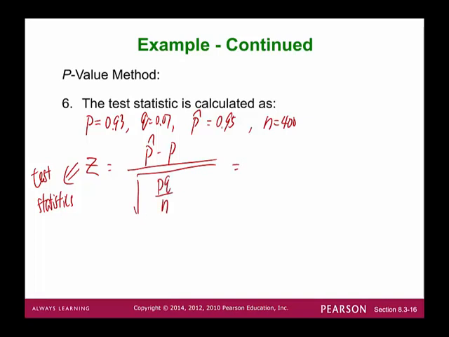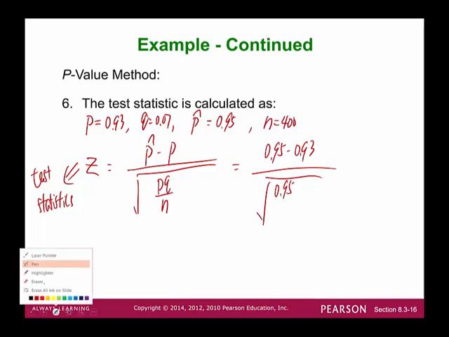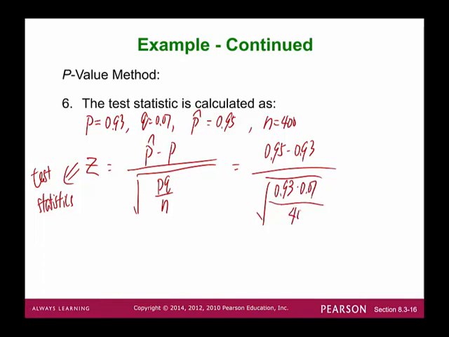And so again, we're plugging in the numbers: 0.95 minus 0.93, divided by the radical of 0.93 times 0.07 divided by 400.